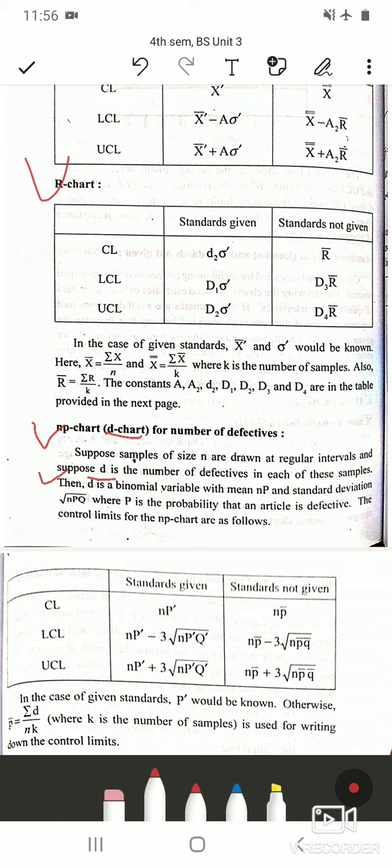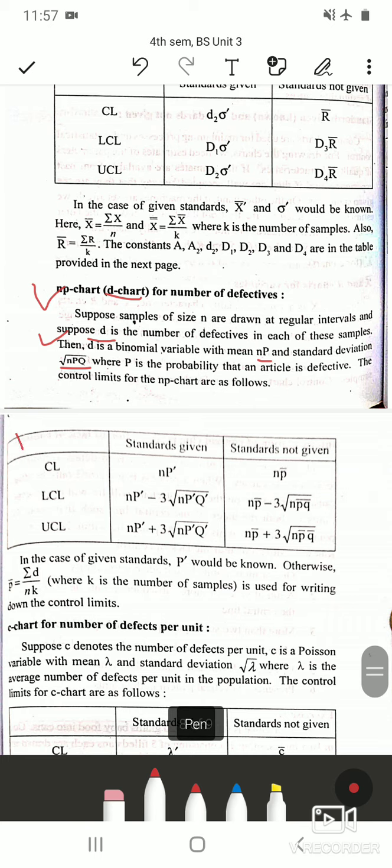Here this d, the number of defectives, follows a binomial distribution. Hence mean is n into p, standard deviation is square root of npq, where p is the probability that an article is defective. Then this table represents the control limits.